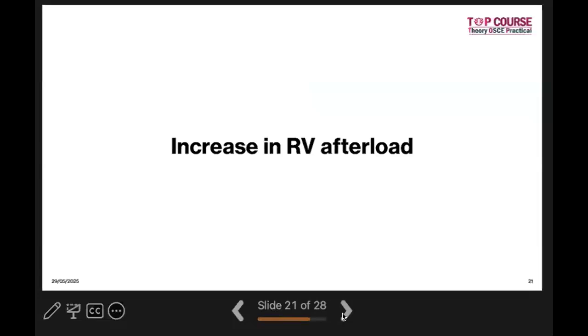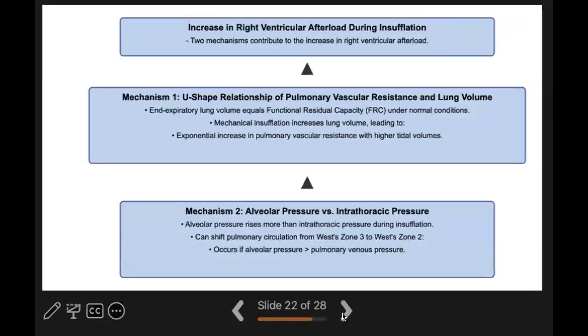Okay. What happens with the RV afterload? We saw that in a spontaneously breathing patient, as the alveoli distend, there are changes in the resistance of the intraalveolar and the extraalveolar vessels. The same thing will be seen in a mechanically ventilated patient also, because here also we are distending the alveoli. The intraalveolar vessel resistance is going to increase.